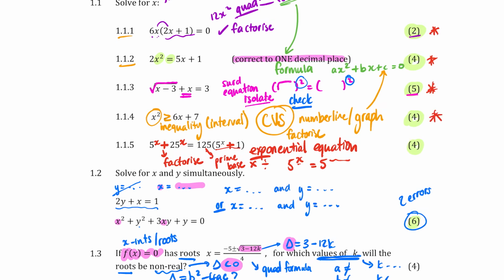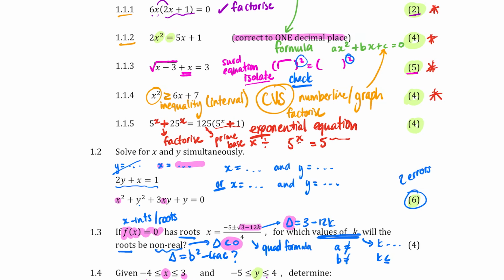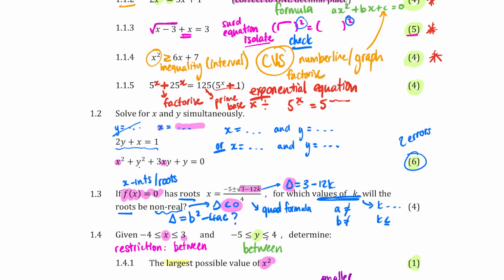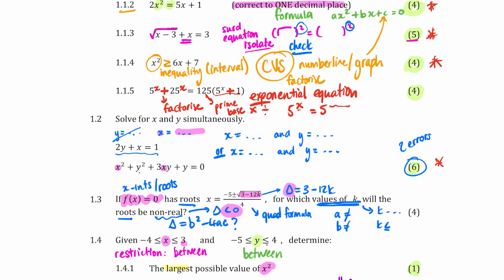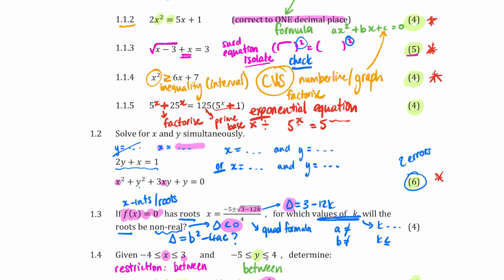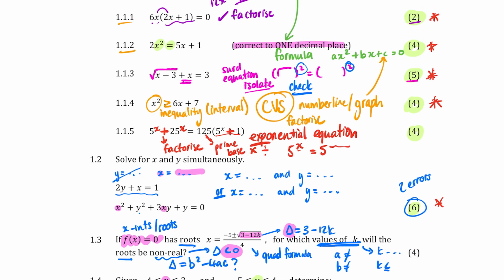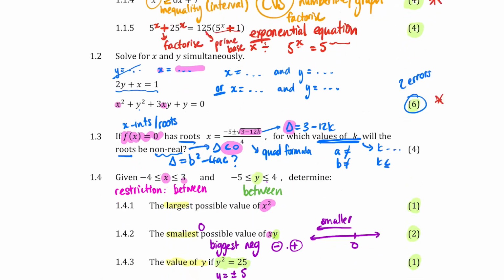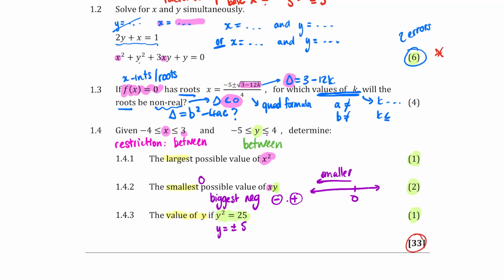All of those are absolutely straightforward procedures that you should have practiced many, many times. Question 1.2 as well. There's nothing unfamiliar there. We've definitely practiced those ones before. So you've got there, that's 6 plus 4 is 10, 19 plus another 2, 21 marks. 21 of those 33 marks are straightforward.